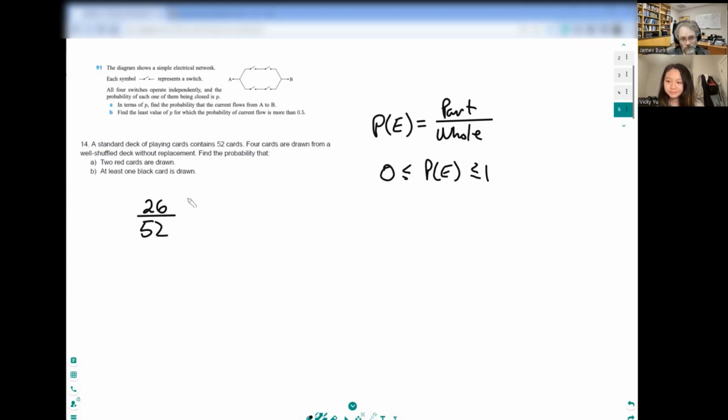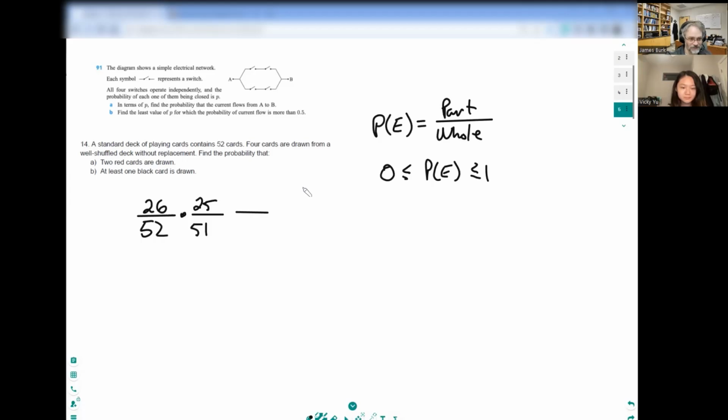Now, looking at it from this vantage point really helps us to see the next one is 25 over 51, because one of the red ones is gone. There's only 51 left. And then for the next one, just remember again, part over the whole. Makes it so much easier.